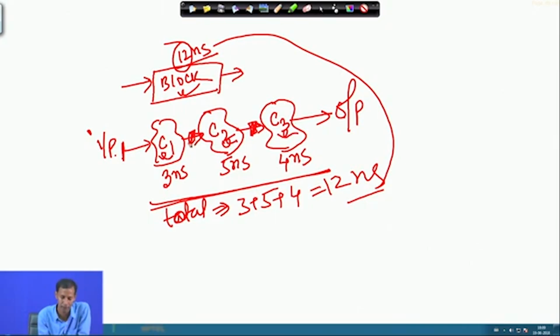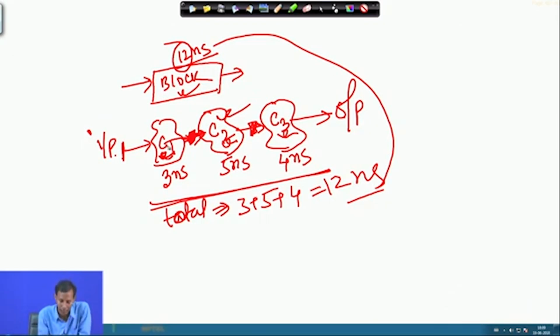There is a data dependency, but the register will hold the value for one particular clock. Once C1 is done, its value will be stored in the register. The previous value of C1 will now be processed in C2, and then again the register will hold the corresponding value, and C3 will consider the previously held value of C2.